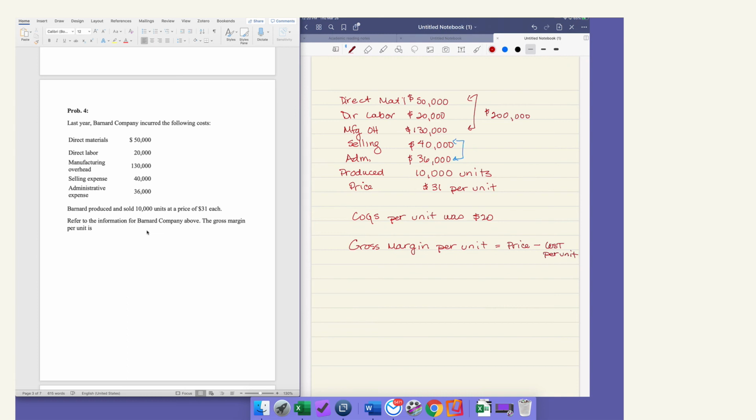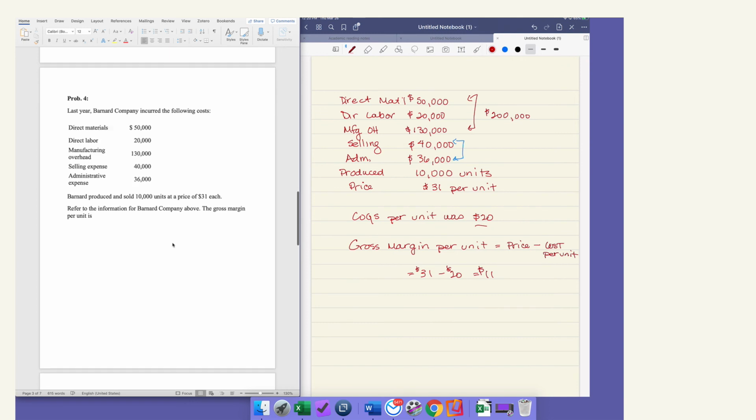Okay, so our gross margin per unit, very simply, is going to be $31 price minus $20, which was our cost of goods sold per unit, so our gross margin is $11. Easy peasy. Last one.